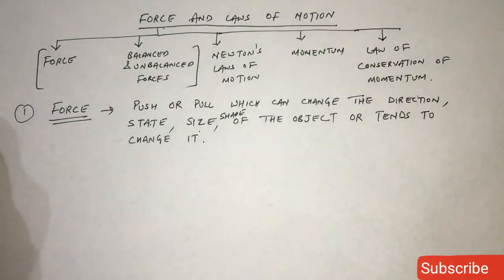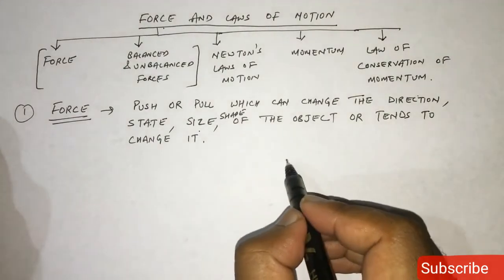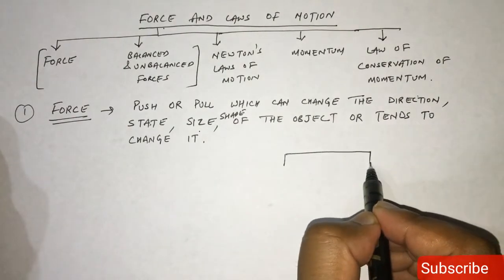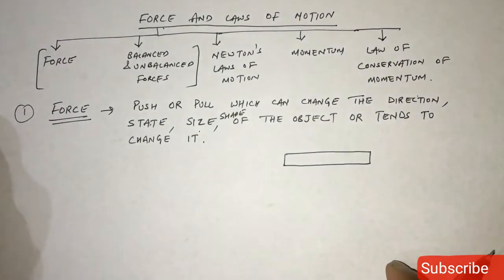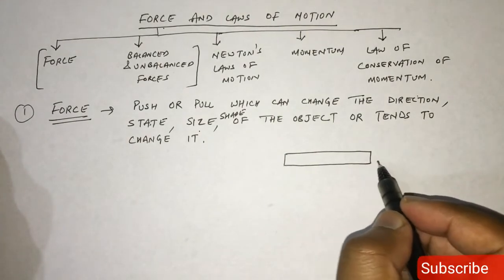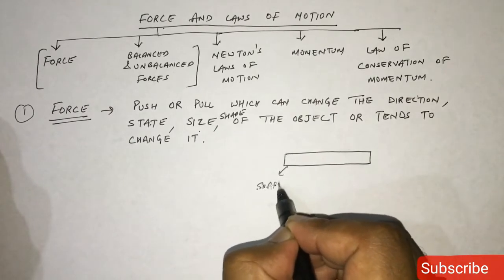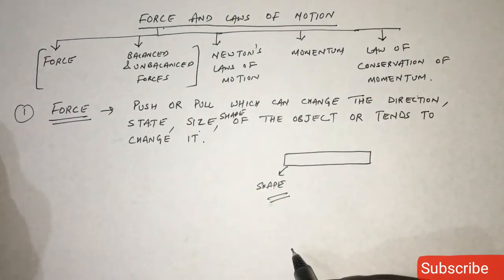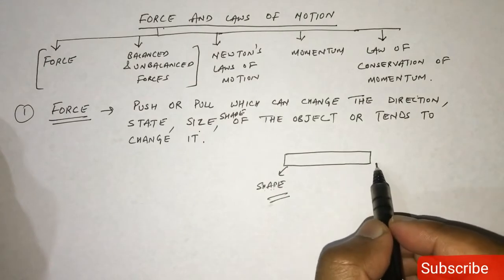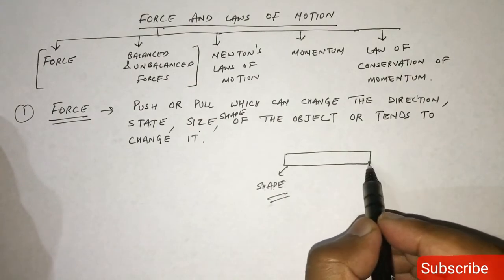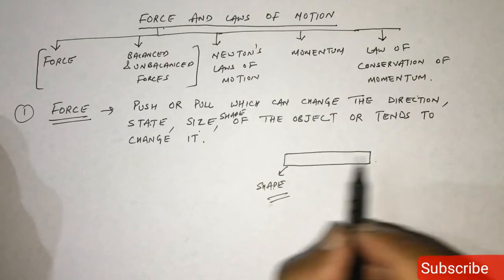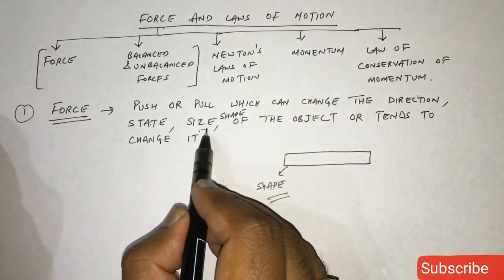For example, suppose you have an object which is made of rubber. If you apply force, you can change the shape of this body. If you apply force and stretch this object which is made of rubber, you can change the size.